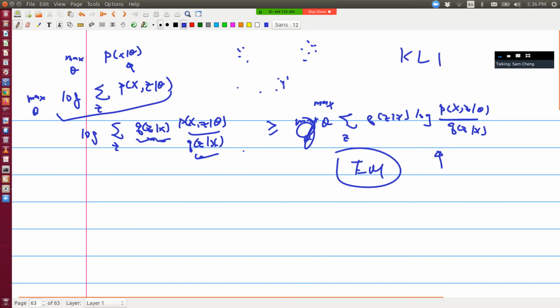This should be below the original. I'll just specify this as F(Q, theta) for now. Sometimes in physics it's referred to as the negative free energy. I don't know what kind of free energy, but it's some kind of free energy.